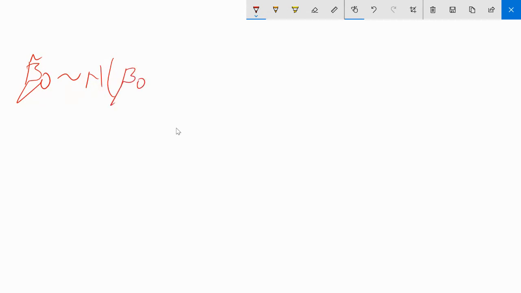We showed last week that the expected value of beta 0 hat is equal to beta 0. And the variance of this is equal to sigma squared into 1 over n plus x bar squared divided by SSxx. We derived this variance last week.